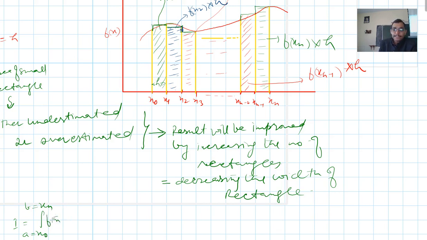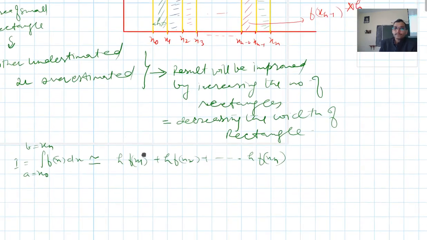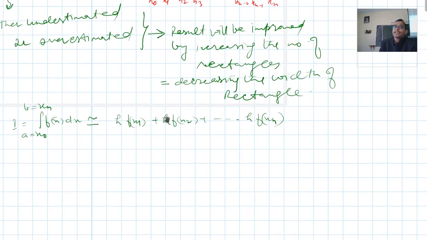And this area is nearly equal to h f(x1) plus h f(x2) plus and so on, h f(xn), because I summed all the areas of these small rectangles. So what does it mean? It is equal to h times f(x1) plus f(x2) plus and so on, f(xn).